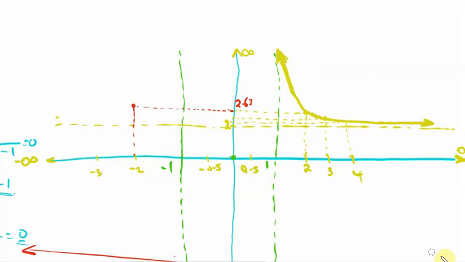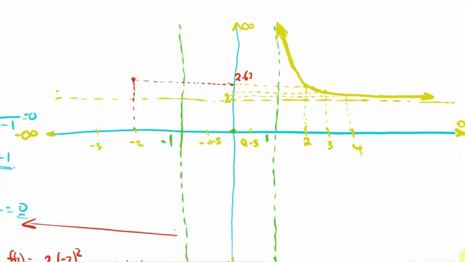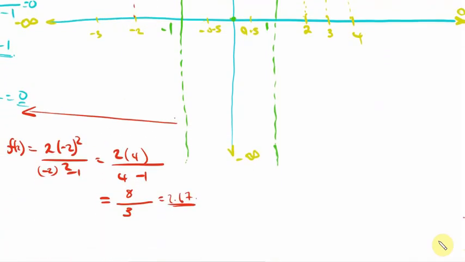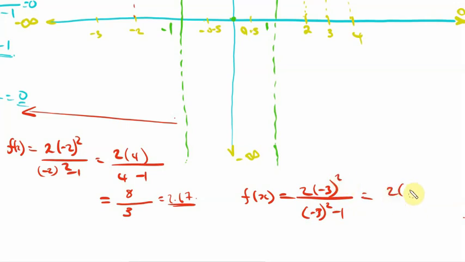Let's put one more point, maybe -3. Okay, what if x is -3? 2 times -3 squared over -3 squared minus 1. 2 times 9 is 18, 9 minus 1 is 8, so 18 over 8.